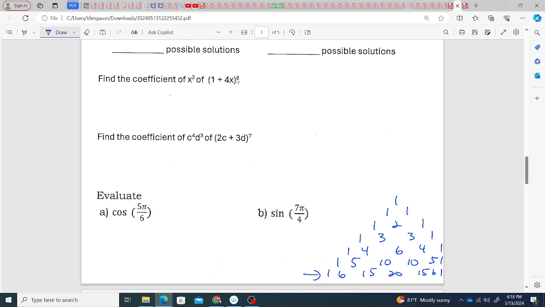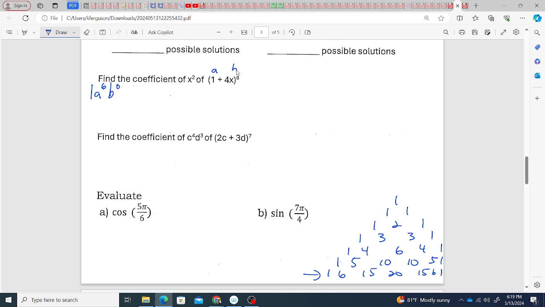Is this the row for the 6th power? That's the 6th row. I mean, technically 1, 2, 3, 4, 5, 6, 7, technically the 7th row, but where n equals 6. Okay. So my general setup would be 1 times a to the 6th power, b to the 0 power.